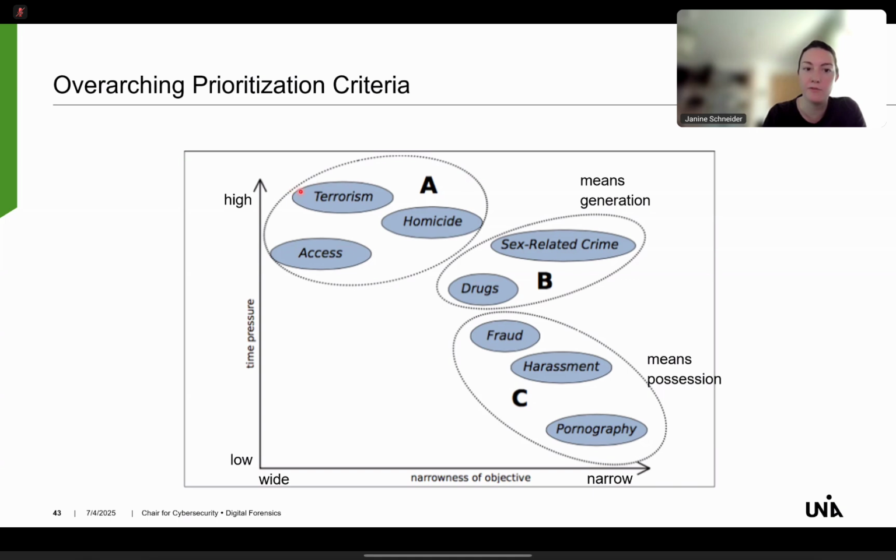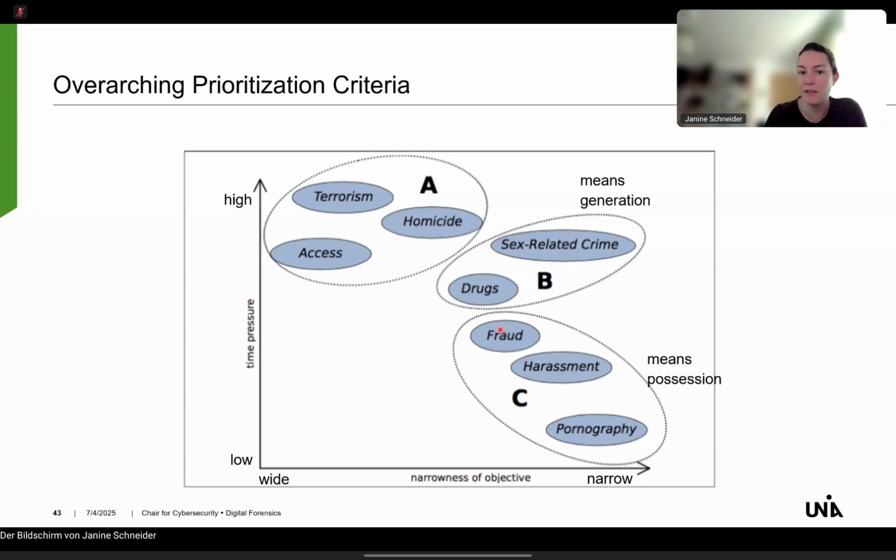For example, in this area we have terrorism and homicide, and there the time pressure is very high, but the objectiveness is rather wide. Or in this case, we have drugs and sex-related crimes, so it means the generation of drugs or sex-related crime, and we have a relatively high time pressure and a relatively narrow objective.